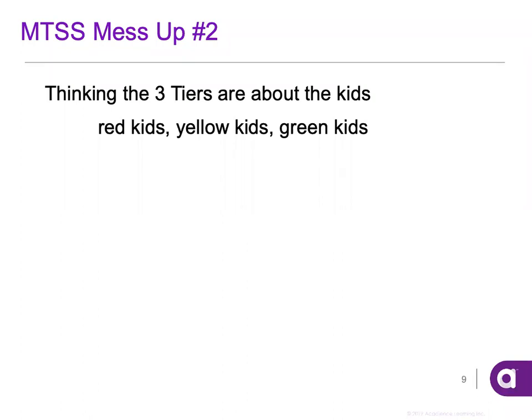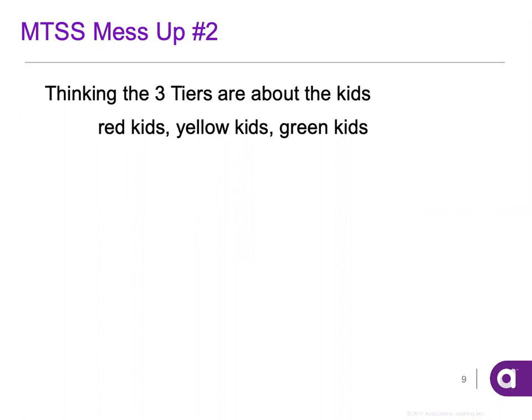And I hear us falling into this shorthand of red kids, yellow kids, and green kids. Who's gonna meet with the yellow kids this week? What are we gonna do with our red kids? And I think that shorthand language has put us into a misunderstanding about what those 3 tiers are about.